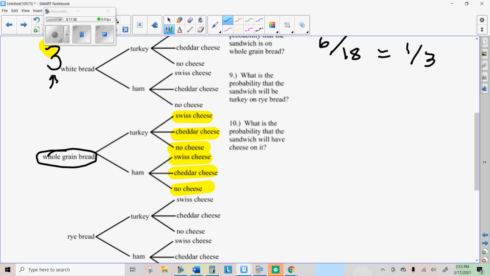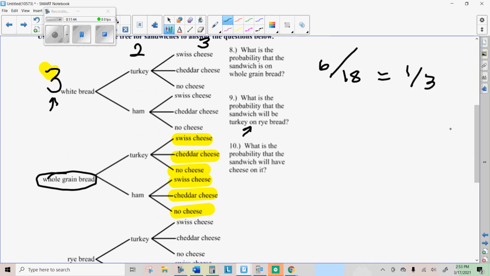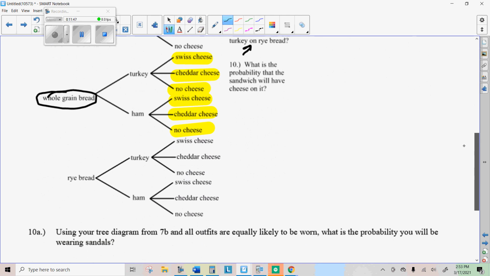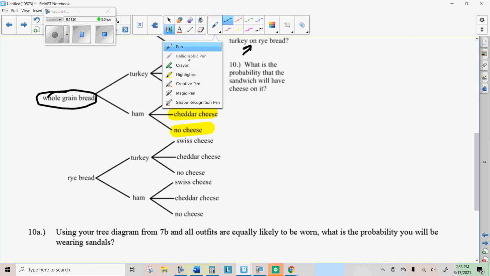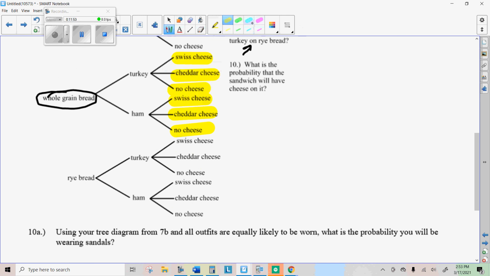So what is the probability the sandwich will be turkey on rye? Turkey on rye, so we're going to go to the rye bread. That's right here, down at the bottom. I'll highlight that with a different color highlighter. So we got rye bread, and then we need turkey, and there are 3 of those options because we want turkey on rye.